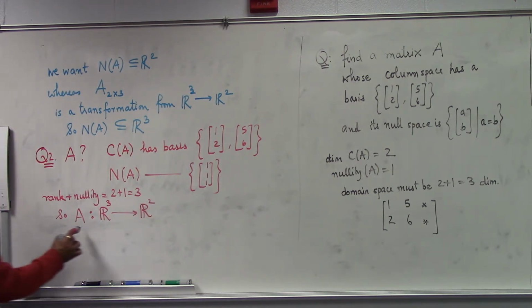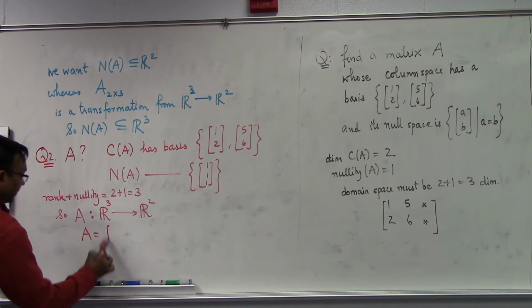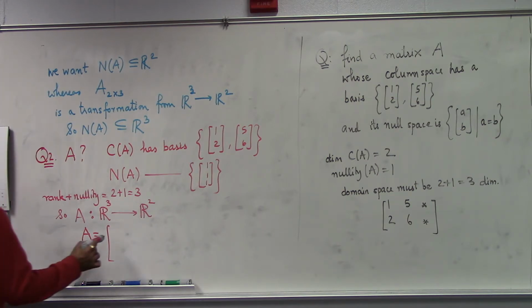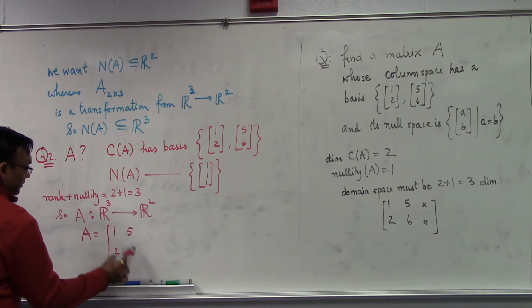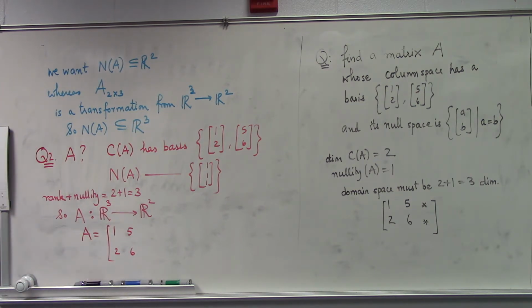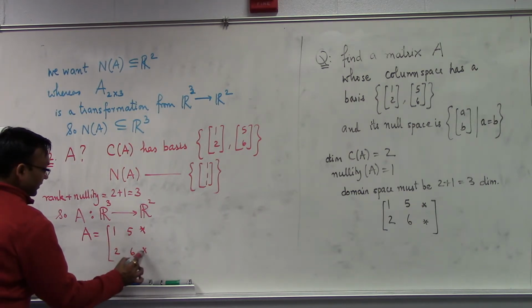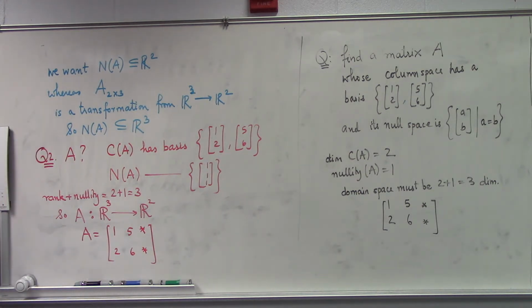Now the question is, if I want A, I know the column space is spanned by this, so I can at least say that perhaps A has these two vectors, (1, 2) and (5, 6), as columns. Question is, what would be my third vector so that I can achieve what I want? How should I make the basis of the null space equal to (1, 1, 1)?